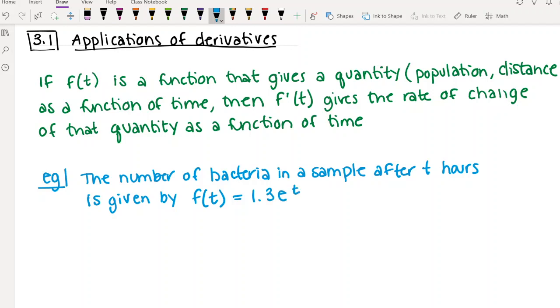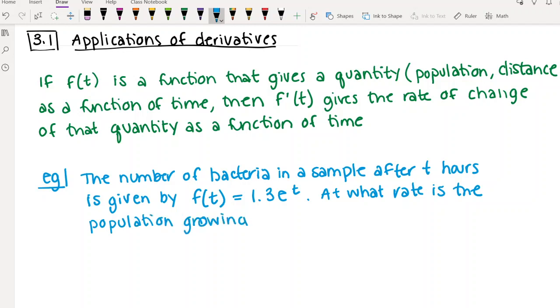As I mentioned, exponential functions are used a lot to model growth of different kinds of populations and things like that. So the question here is we want to find at what rate is the population growing after 10 hours.